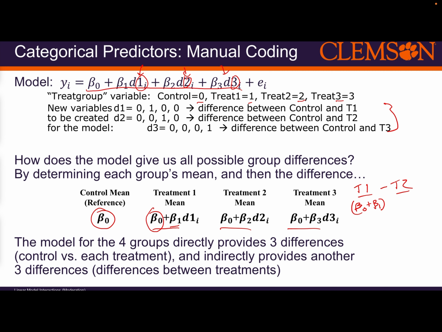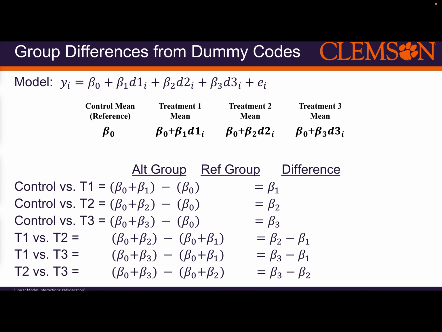And we subtract beta 0 plus beta 2. The beta 0's cancel, and we're left with beta 1 minus beta 2. That gives us the mean difference between treatment 1 and treatment 2. Similarly, we can do that for the difference between treatment 1 and treatment 3, and treatment 2 and treatment 3.